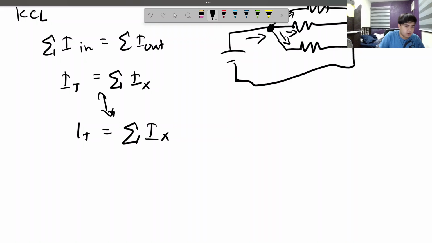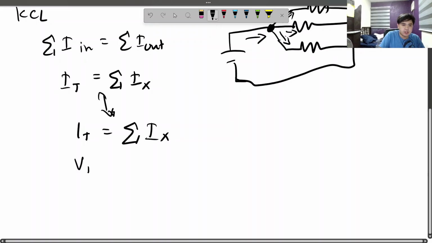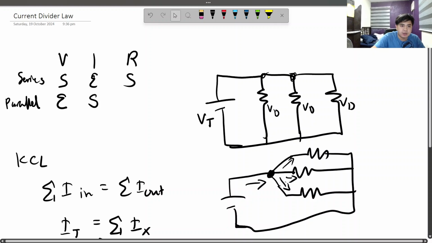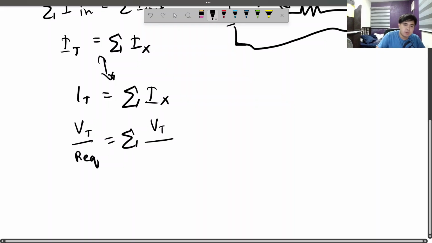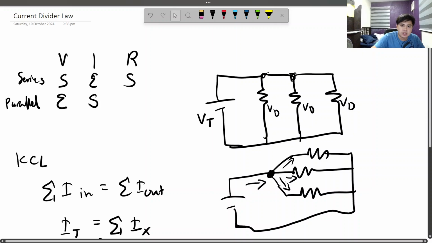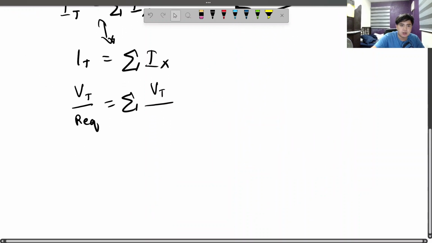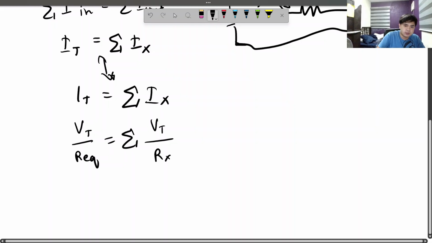So the total voltage will be V_T over R equivalent. And then for the sum, again, voltages in parallel are equal to each other, so there's no need to change it. So it's just V_T on top. And on the bottom, it should be the resistance of each resistor, so it should be R_x. Dividing V_T on both sides, we get 1 over R equivalent equals the sum of 1 over R_x.